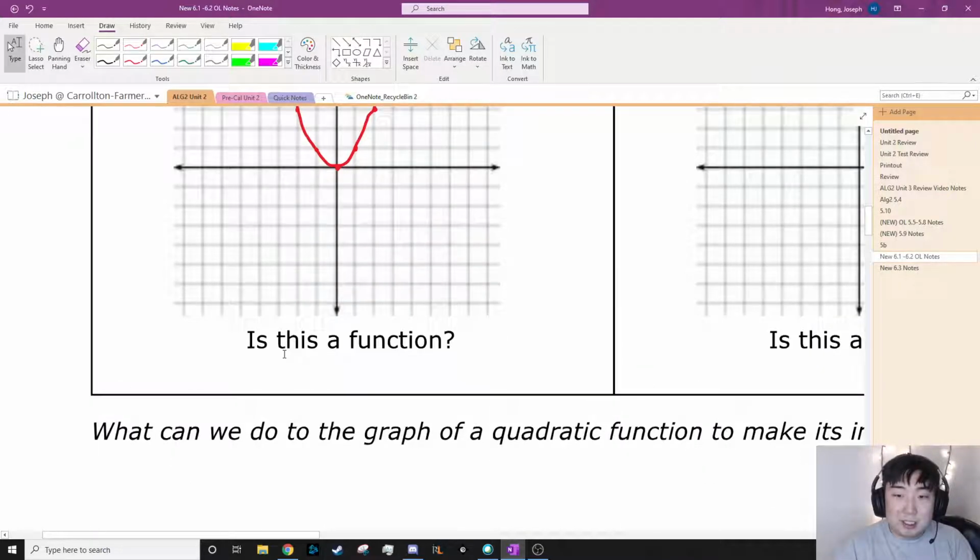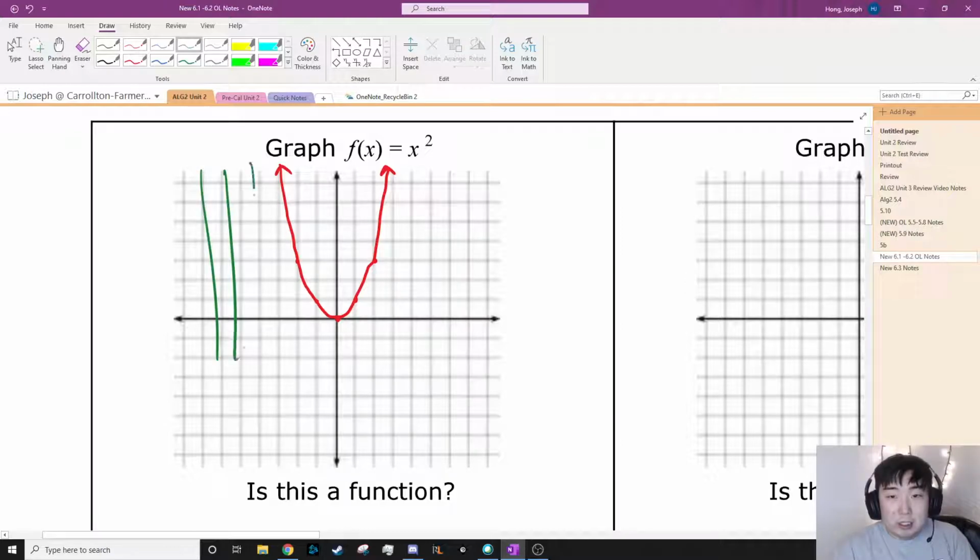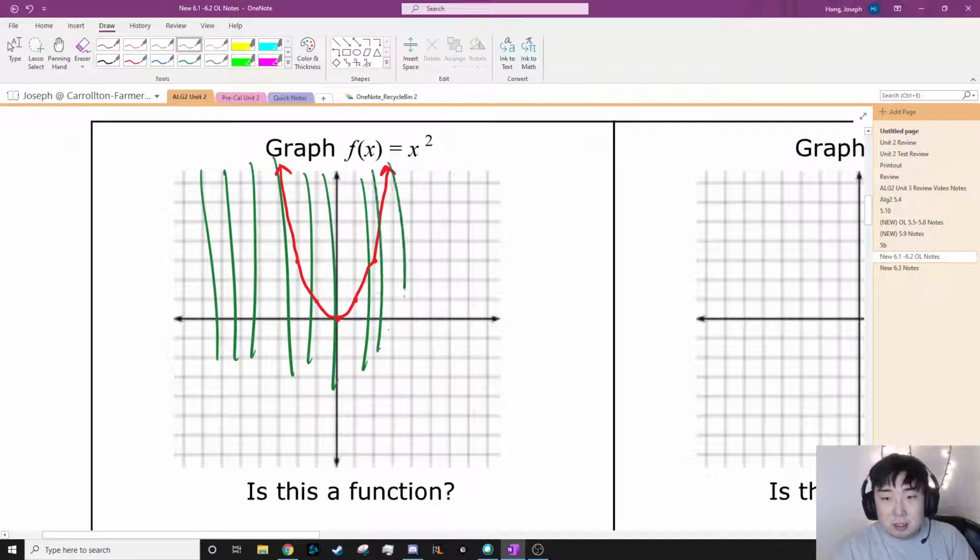So, is this a function? If I do the vertical line test, you see how these things only cross it once, then once, then once, once, once, and once. So this is a yes.